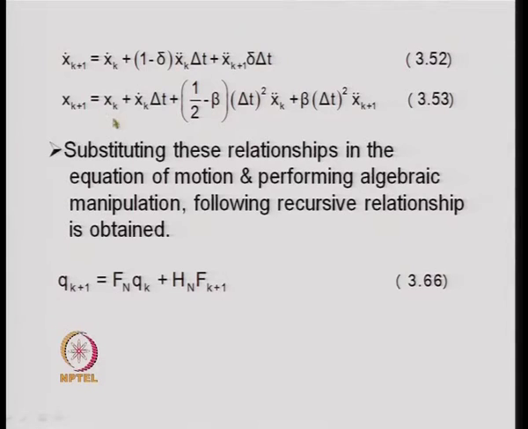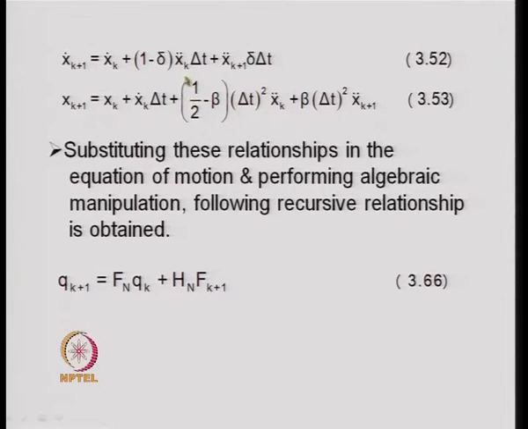Here the first two terms remain the same. What we have done is manipulate the acceleration: we are not assuming a constant acceleration acting between the 2 points, but an acceleration which is varying linearly, and therefore we take into account the acceleration at both the points, assumed to vary linearly between them.